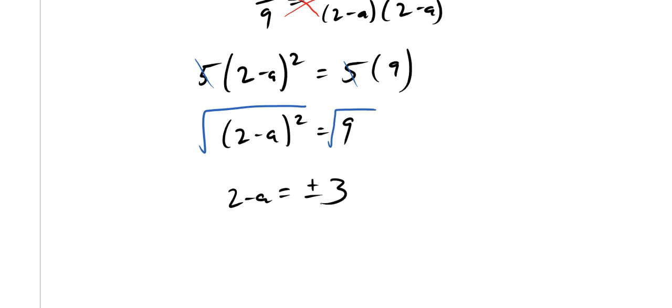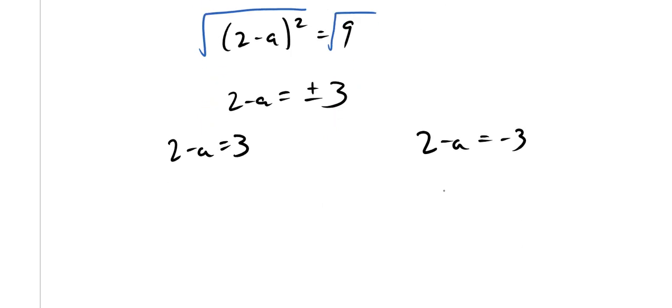You need both for sure. I'm going to show you why visually in a moment. So 2 minus a equals 3, and 2 minus a equals negative 3. For this one, I get a equals negative 1, and for this one, I get a equals 5.